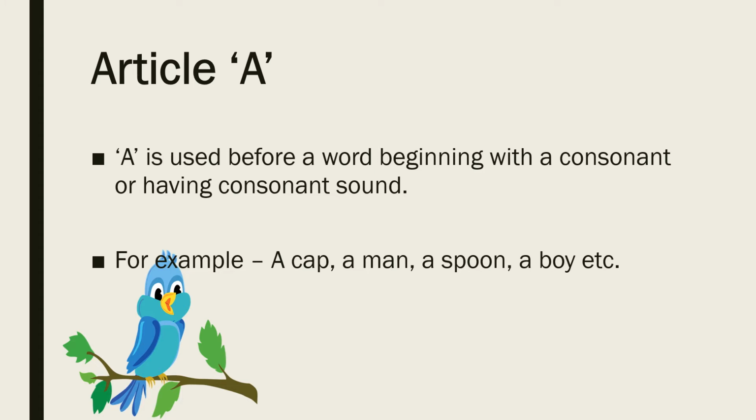So we will use a. Similarly, in man, the first sound is m, so we will use a. In spoon, the first sound is s, so we will use a spoon. In the same way with boy, b is the first sound, so we will use a with boy.